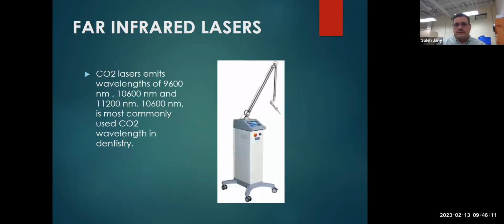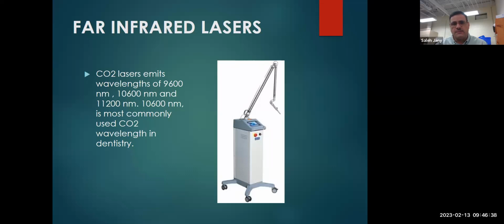This is the CO2 laser. Can you see these are articulating arms? They are articulating arms because the wavelength is too far in the infrared. We cannot use fiber optics. Another thing with the CO2 laser is that this wavelength is highly absorbed in water.